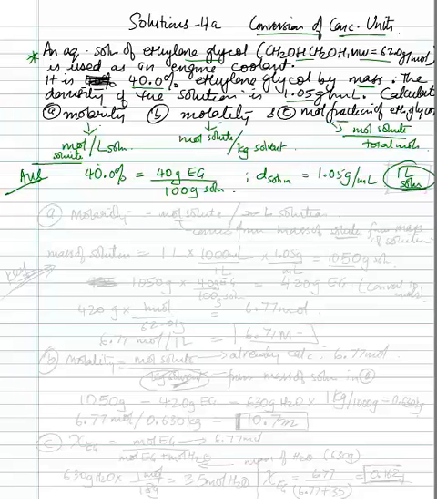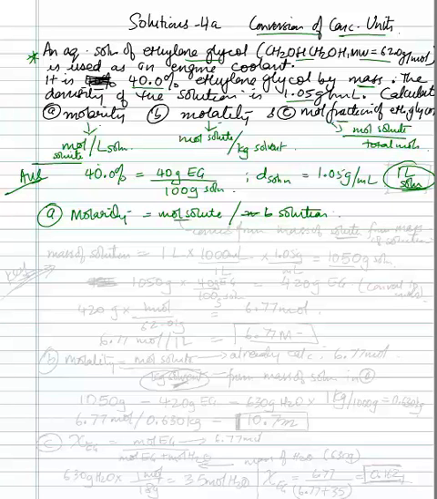So let's go ahead and start with the first problem, okay, which is that we have to calculate the molarity, which is moles of solute over liters of solution. So the liters of solution, first of all, will be calculated from the 1 liter that we have.